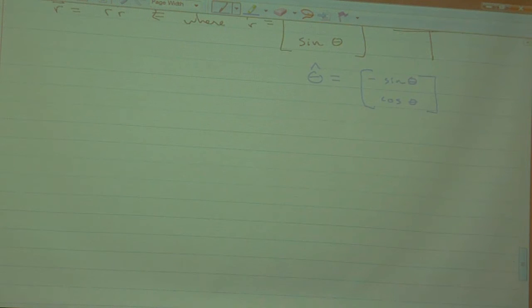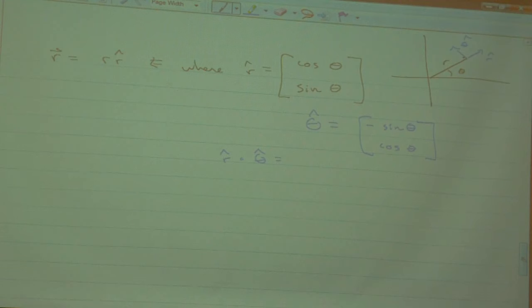And one thing that you should notice, of course, is that r hat dot theta hat is cosine theta times minus sine theta plus sine theta times cosine theta is equal to 0. Why is that obvious? Because they're perpendicular to each other. Right? Sure.